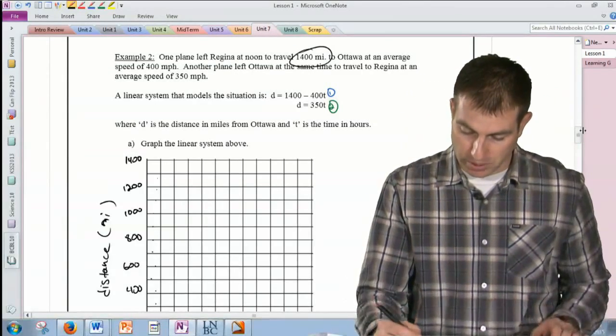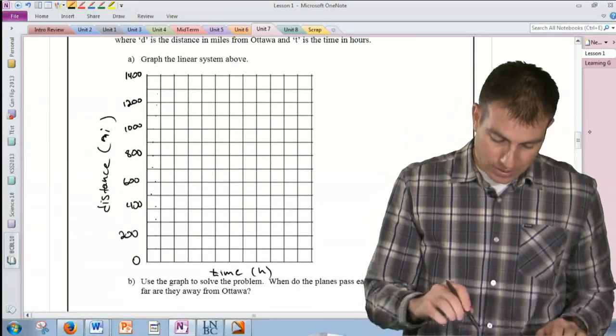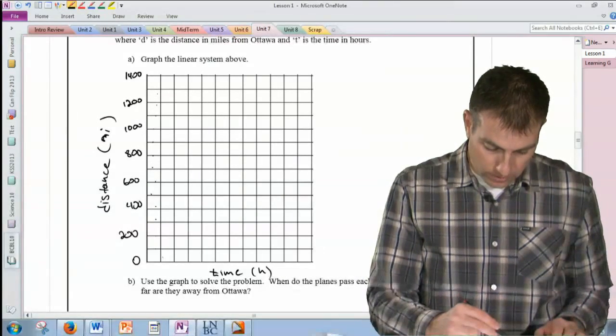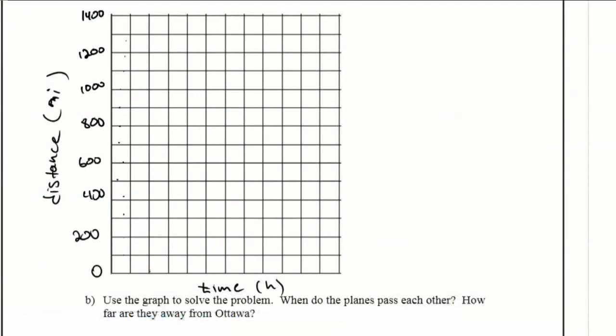So I'm going to break my graph up. Time in hours, I'm looking at 4. So do every 2 spaces an hour. That's 1 hour, 2 hours, 3 hours, 4. That'll work. I'm not going to utilize the entire graph like I'd like to, but that's going to be close enough.